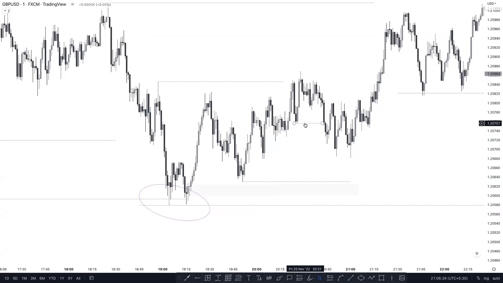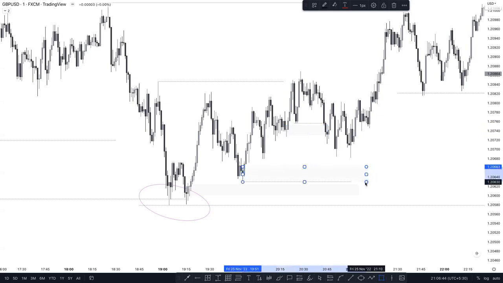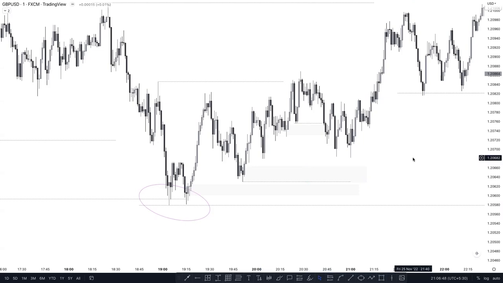In this case, this one is an inducement. After taking out this inducement, you have to identify the order block, the first order block, sorry, and this one is an SMT, and just below it, this one is our extreme.